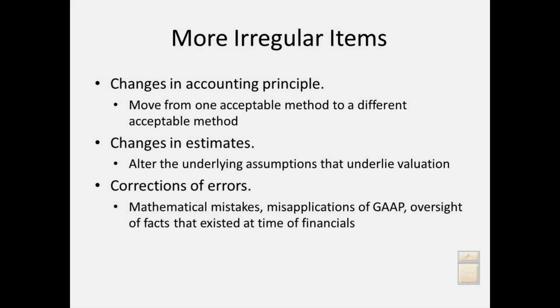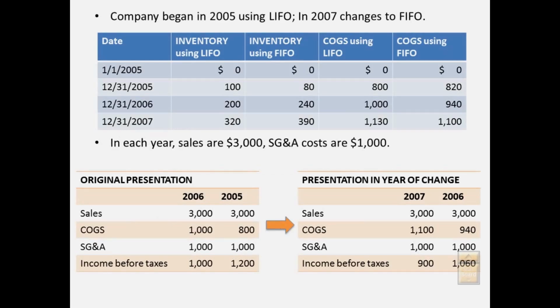So these are some other irregular items. Change in accounting principle is the one that you would see here after tax. For change in estimate, no big deal. An error requires a significant restatement of all the financials.